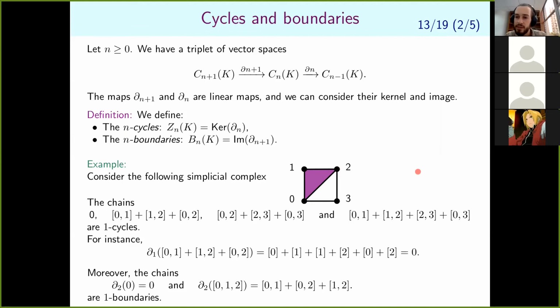You should see it as the boundary of a region, of an area in your simplicial complex. And we will see in a few slides that cycles will help us count the number of holes in our simplicial complex. But to understand that, you have to wait for a few slides.